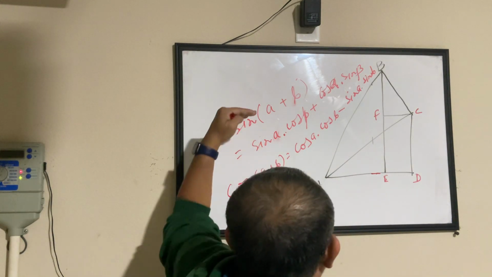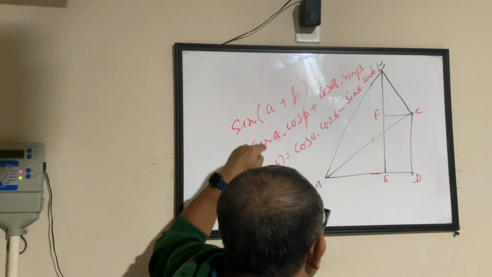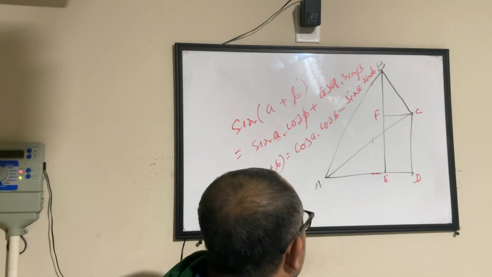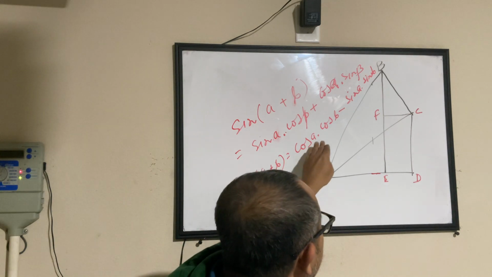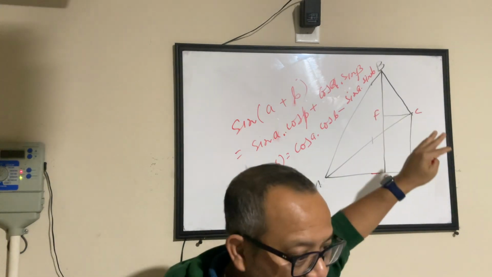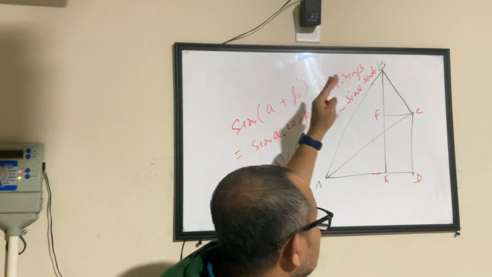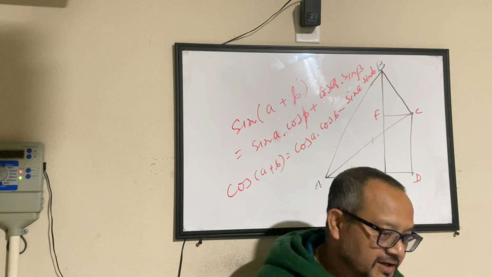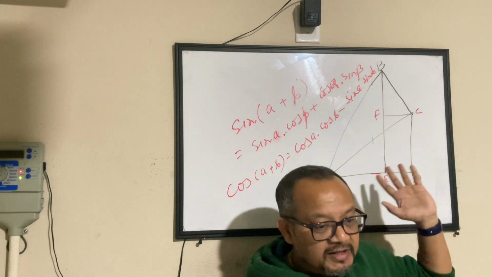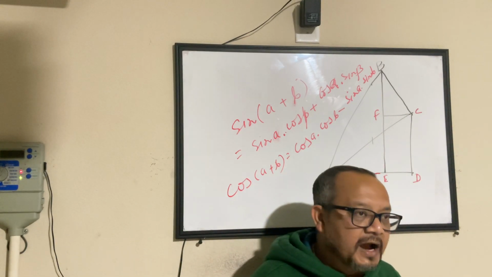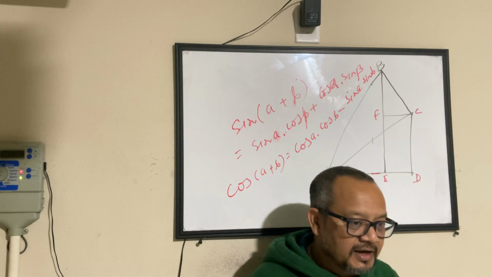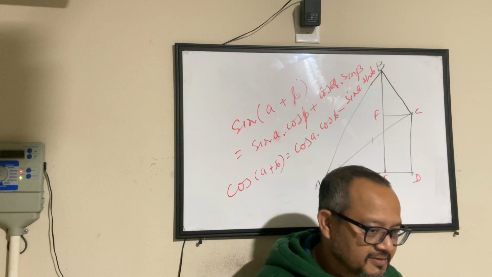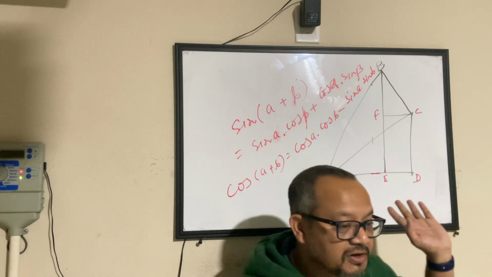So we'll learn how sine of A plus B equals sine of A times cos of B plus cos of A times sine of B, and how cos of A plus B equals cos of A times cos of B minus sine of A into sine of B. They are the two trigonometric addition identities, and we'll try to learn why these two identities are valid and how this came into light. Is that part okay? At least, are you clear with respect to what we are trying to find out today?